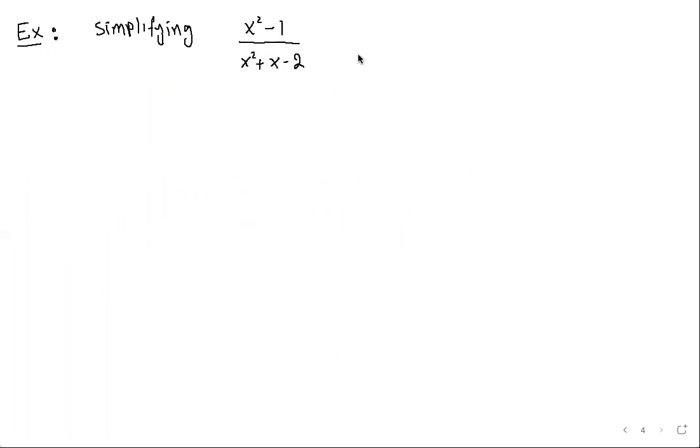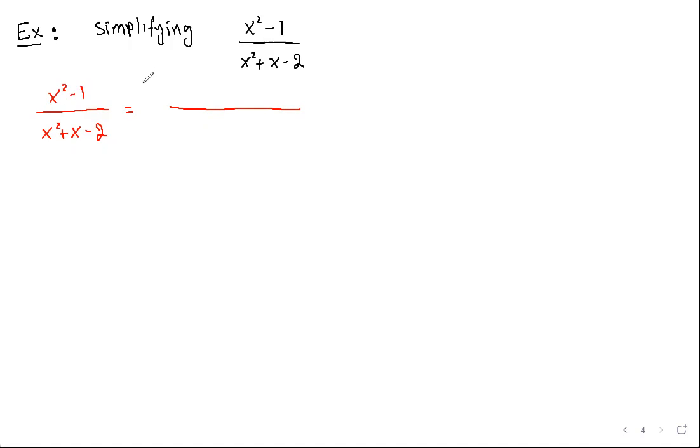What is the factoring for the numerator and denominator? What's the factor for x squared minus 1? It's going to be x plus 1 times x minus 1.